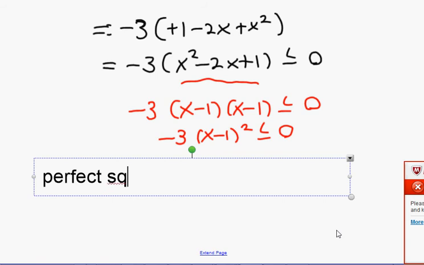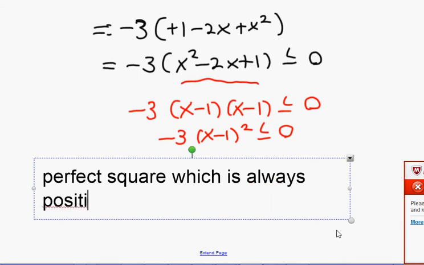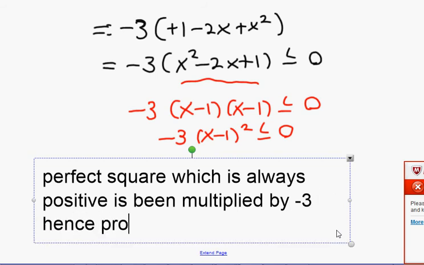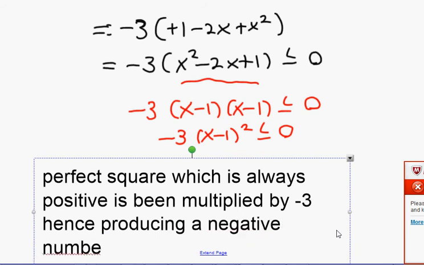Perfect square, which is always positive, is being multiplied by minus 3, hence producing a negative number for all values of x. Is everybody happy with that? No matter what value of x you put in there, it's going to be squared and it's going to end up positive. And then you're going to multiply by minus 3, which means it's less than or equal to 0.